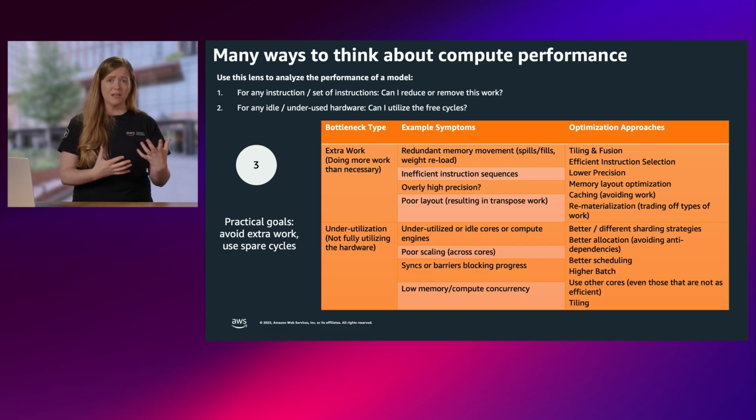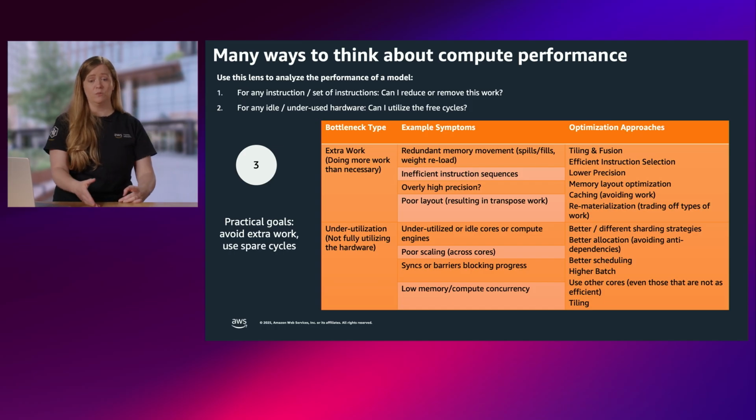Your scaling might not be great across the cores. You might have lots of semaphores or syncs or barriers where your engines are not in synchronization, and that's blocking your ability to compute efficiently.